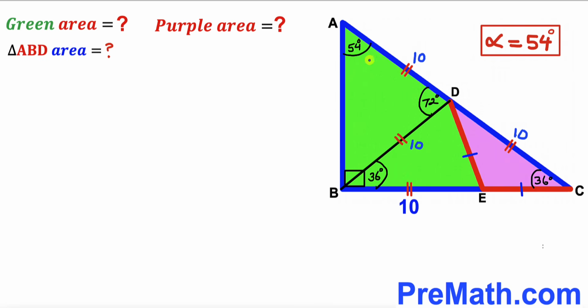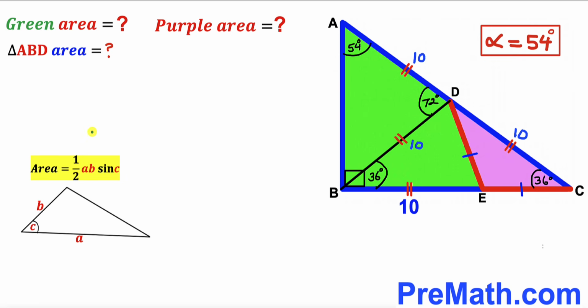And now we are going to calculate the area of this triangle ABD. Let's recall the area of a triangle formula. Area is always equal to a half times A times B times sine of angle C. In this triangle we got these two side lengths A and B, and C is the angle in between.